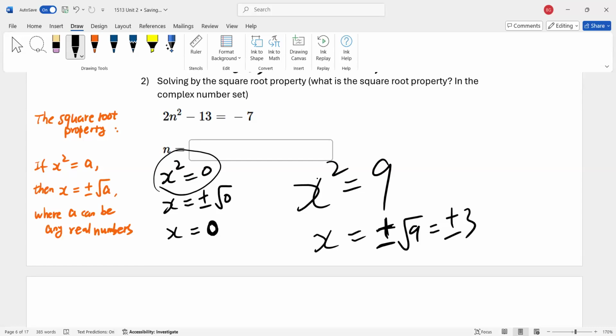What if the number on the right side is negative? For example, x squared equals -16. Can you solve it? Yes, because we are solving in the complex number set.